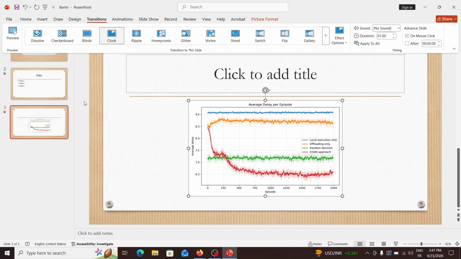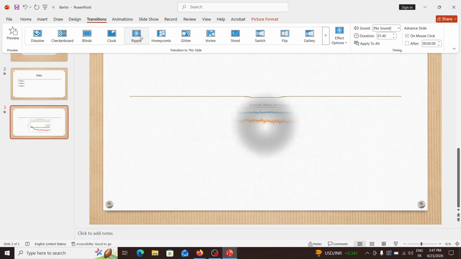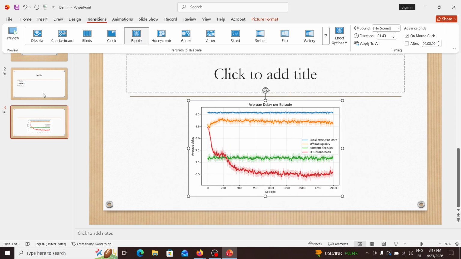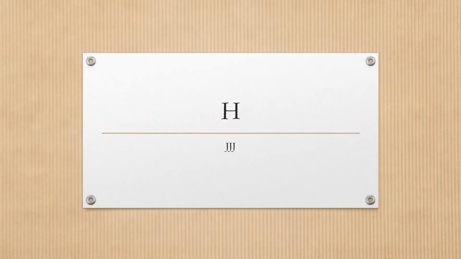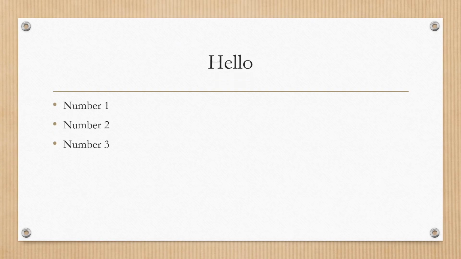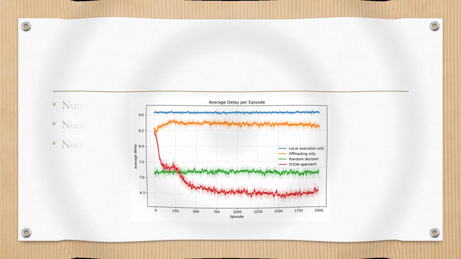Okay, or let's go with ripple like this. Now if we execute everything, notice the first transition, okay, second transition, the animations are executed in order, and now the third transition.